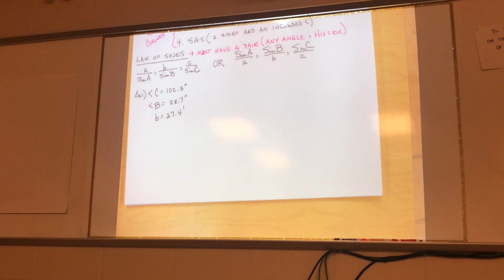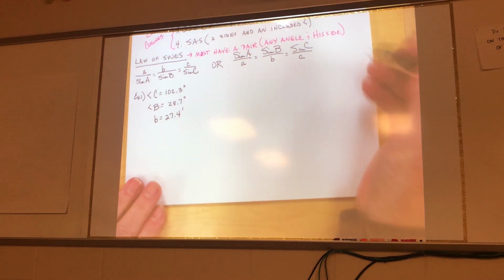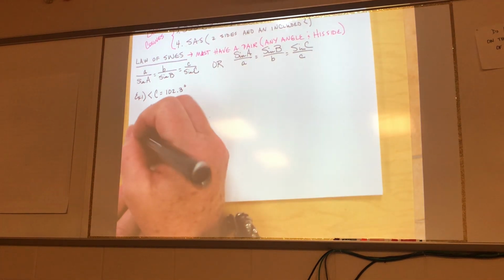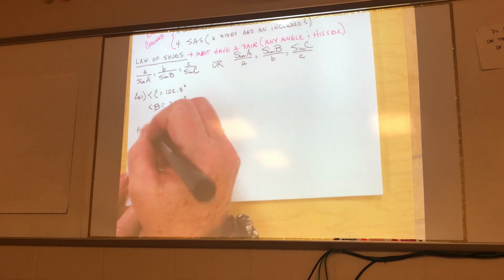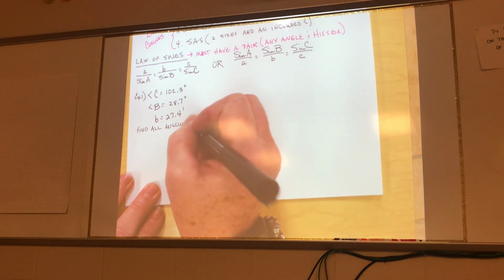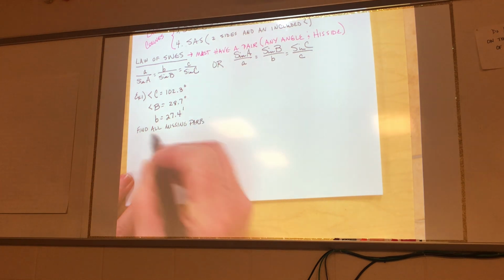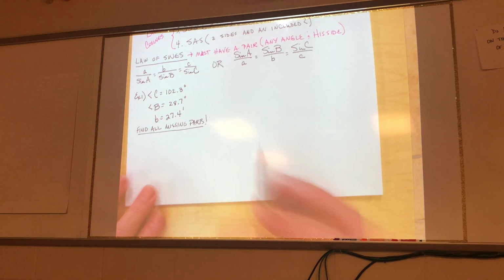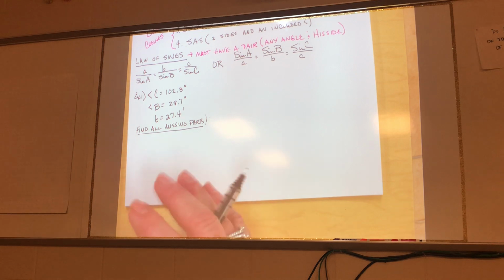Okay? Is this how it's gonna be, or are they gonna give us triangles? They could do it this way, or they could write it on a picture. But we're gonna draw a picture anyway, okay? Because a picture is worth 1,000 words. All right, so you're gonna find all, this is what your directions say. Find all missing parts. So we need to find all sides and all angles? That's exactly right. Now y'all look, we've done things like this before, haven't we?